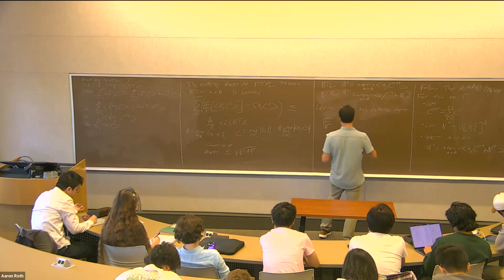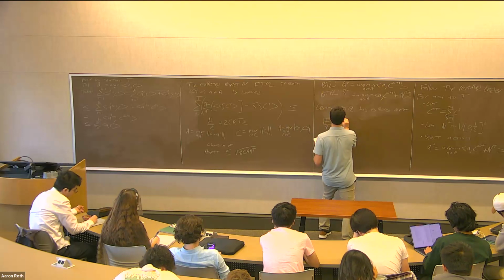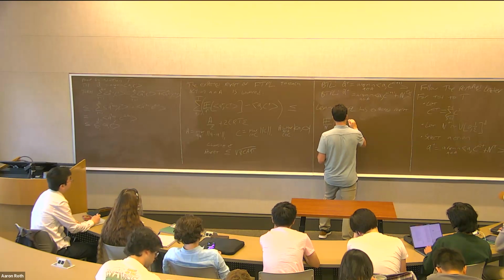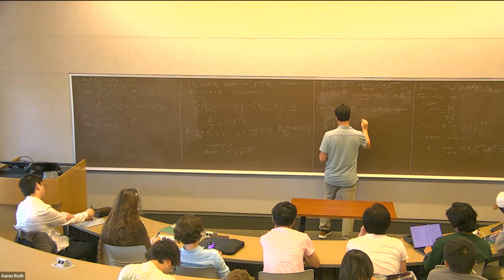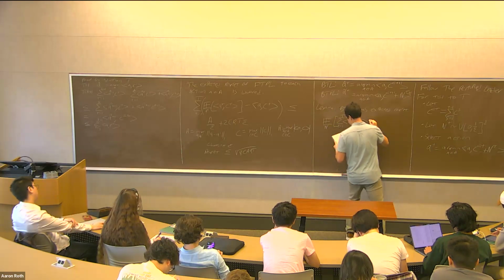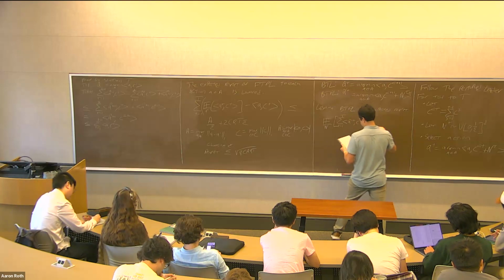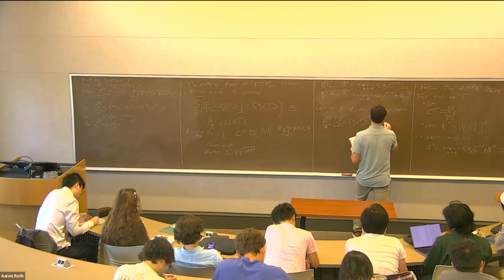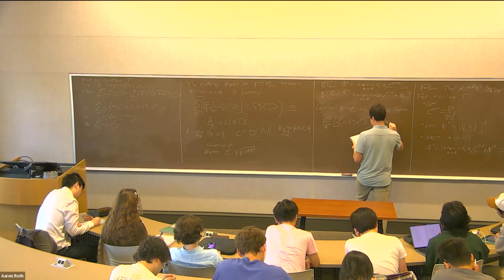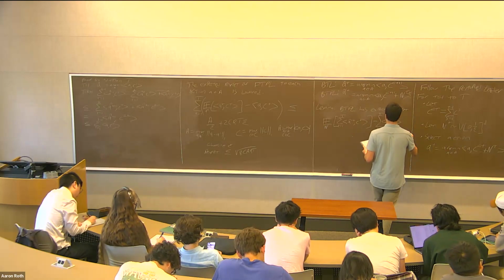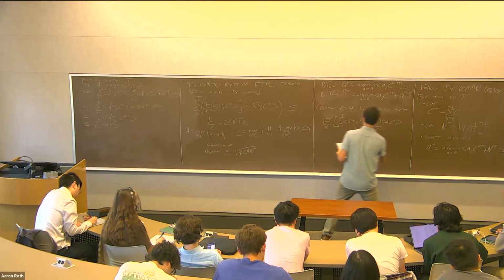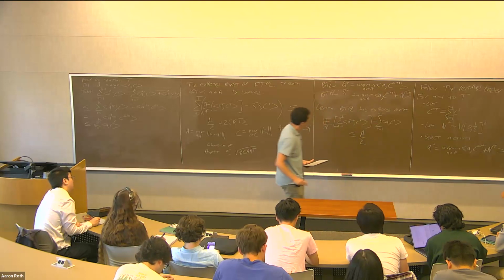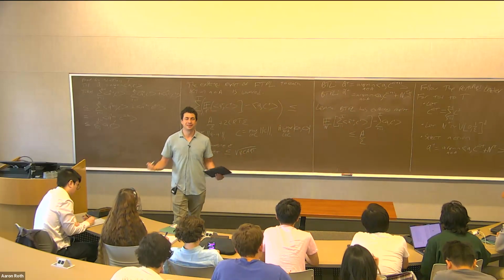So the expected cost of be the perturbed leader minus the cost of any fixed action, so the regret to action A, is at most A over epsilon, where if you remember, A was one of these things that shows up in our final bound.